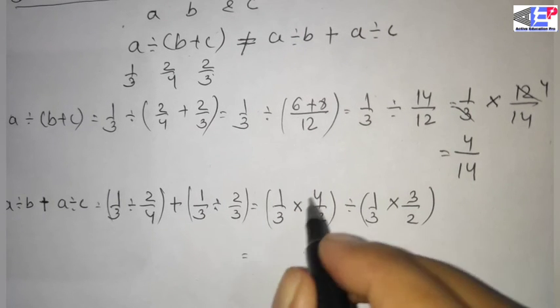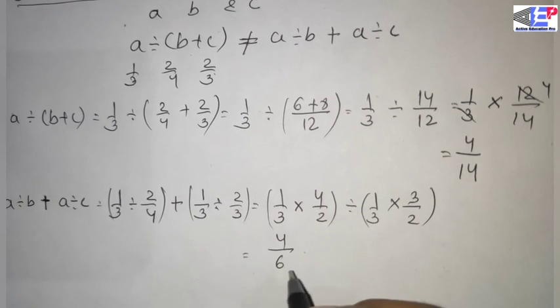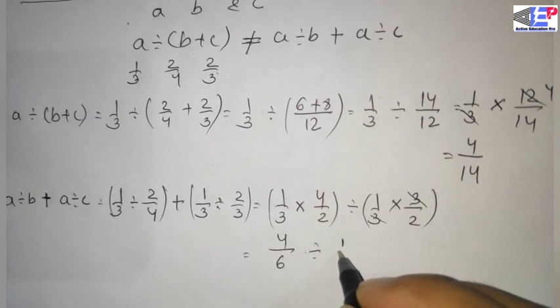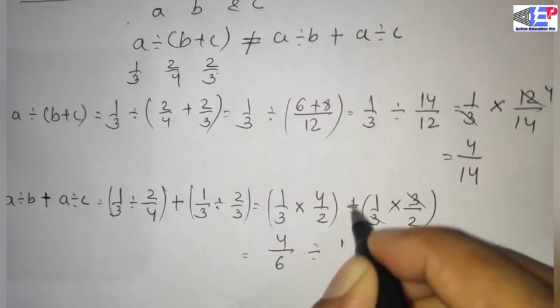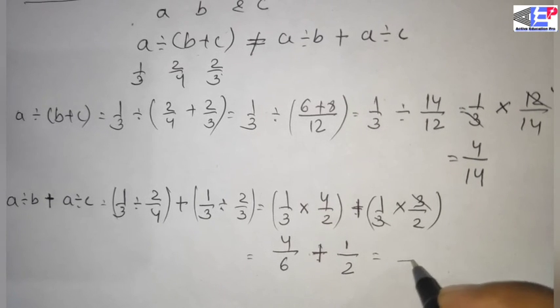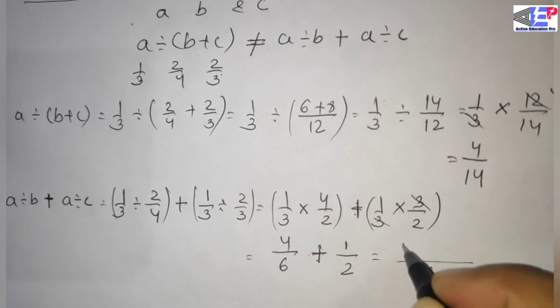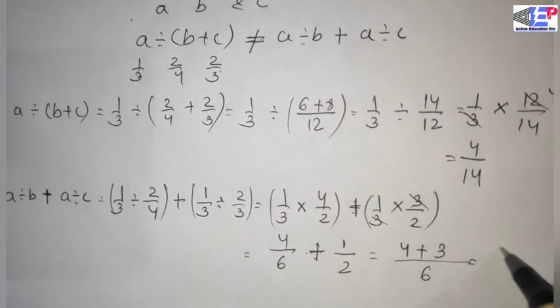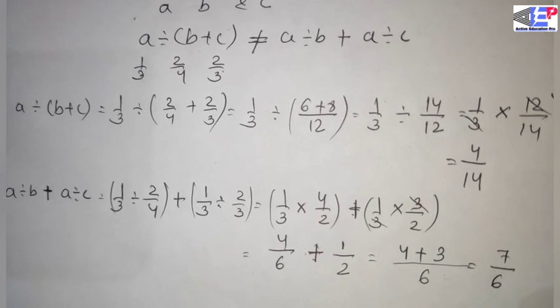Again solve it. 4 by 6 plus 1 by 2, here 6, 4 plus 3. The answer is 7 by 6.